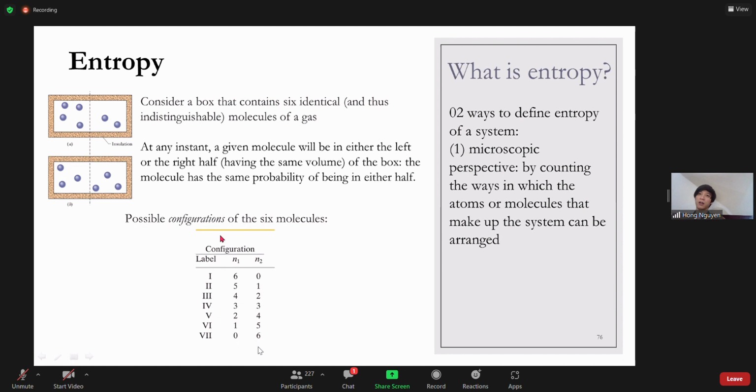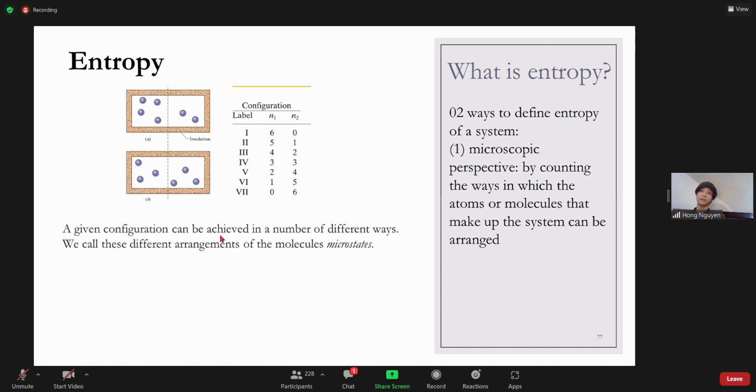Number 7, all 6 molecules are found in the right half. Similarly, configuration number 5 has 2 on the left and 4 on the right, and so on. So we collect the configurations for the other half. Then we continue.